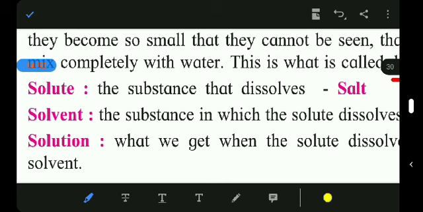The substance which you are going to add into the water or any liquid, the smaller content which we add to the other liquid and which will be dissolved, is called solute. In our case, the salt is the solute. If we take the sugar and water combination, the sugar will be the solute.